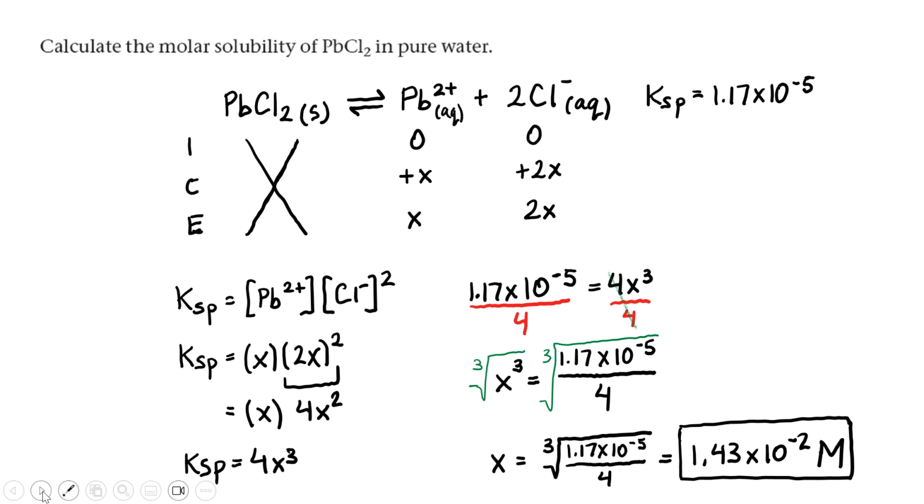Hopefully this makes sense. And, you know, as always, if you have any questions on this, but this is pretty much the gist of KSP, right? And we're going to start to get into some details of how we can manipulate this process to get other kinds of information about solubility of ionic compounds.